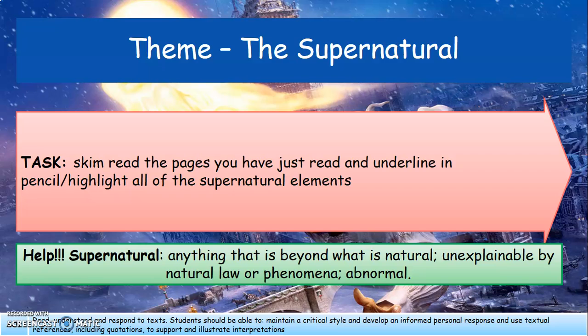It's anything that's beyond what is natural, unexplainable by natural law or phenomenon, or abnormal. I know some of the girls watch a lot of supernatural programs to do with vampires or witches or werewolves. You're not going to see anything like this in A Christmas Carol, but you will see ghosts and there is time travel. So you're looking for those elements of the supernatural. Pause the video to complete this task.